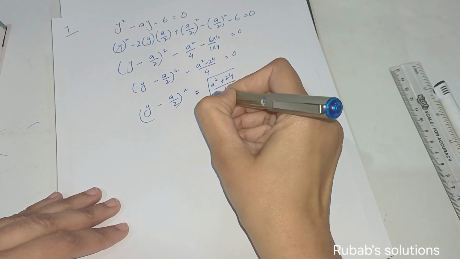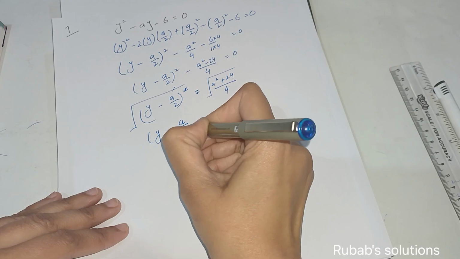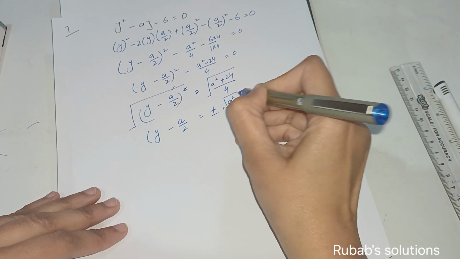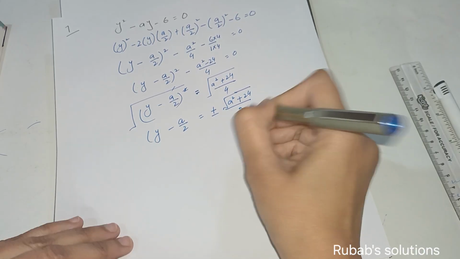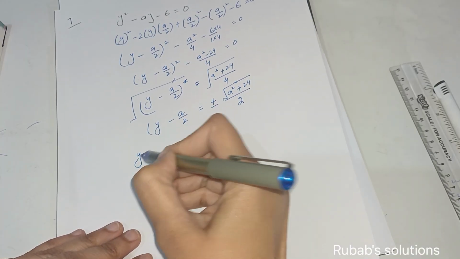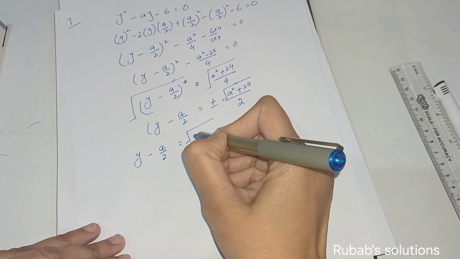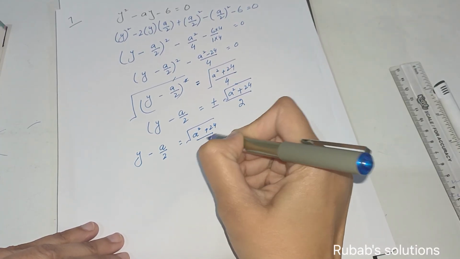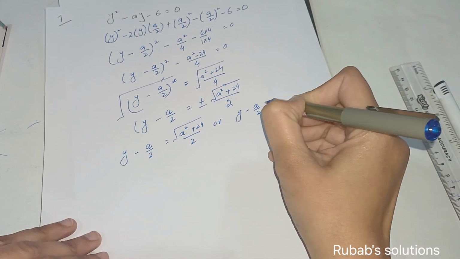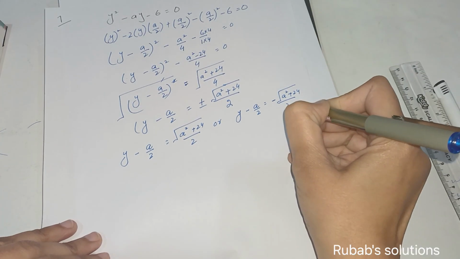Taking the square root on both sides, this and this cancel, it becomes y minus a by 2 equal to plus or minus the square root of a squared plus 24, and I know that 4 I can write in terms of 2. Clear? Now one time in plus and one time in minus: y minus a by 2 is equal to square root of a squared plus 24 divided by 2, or y minus a by 2 is equal to minus square root of a squared plus 24 divided by 2.